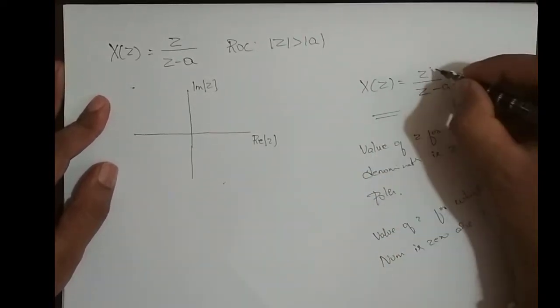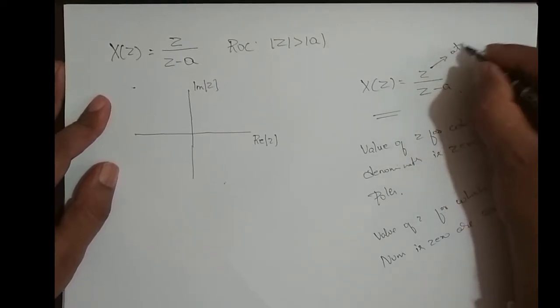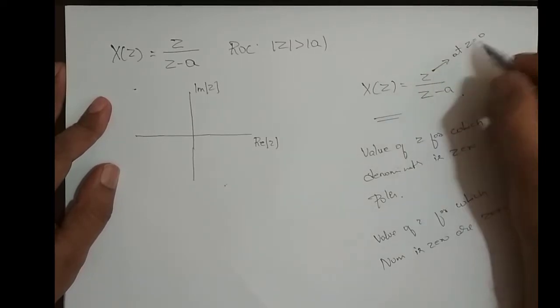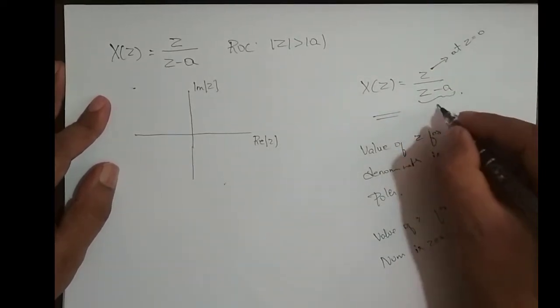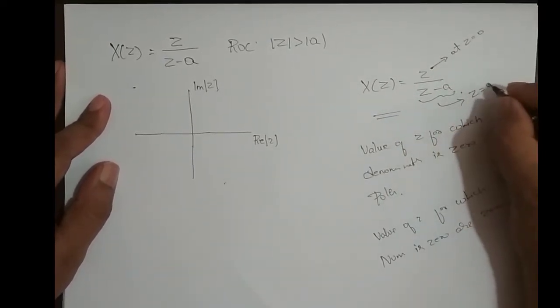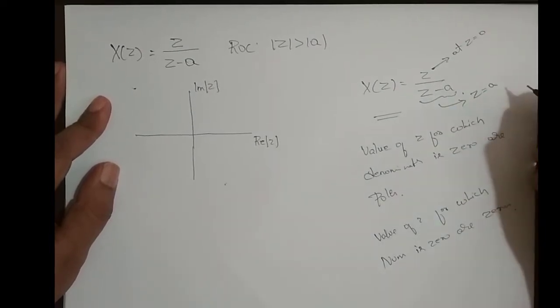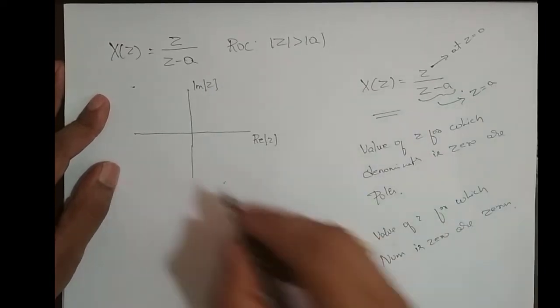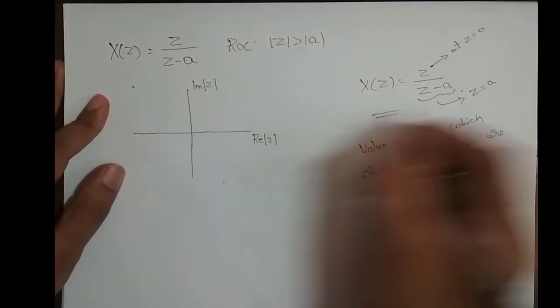In this equation, at z equal to 0 the numerator is 0, so there is one zero at z equal to 0. At z equal to a the denominator is 0, therefore there is one pole at z equal to a. At z equal to a, it's a real number.